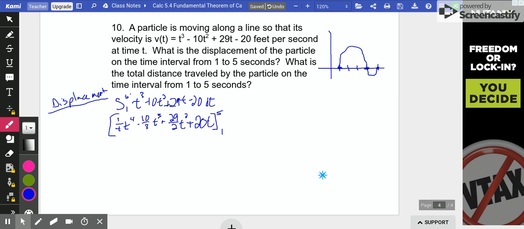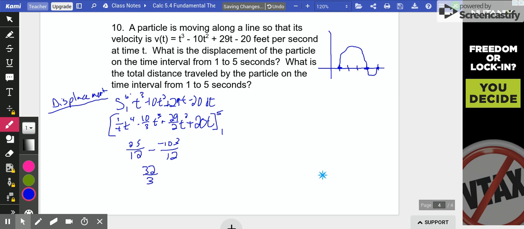Now, I'll let you do all the arithmetic. When you plug in 5, you get 25/12. And when you plug in 1, you get negative 103/12. So when we put this all together, we get 32/3.